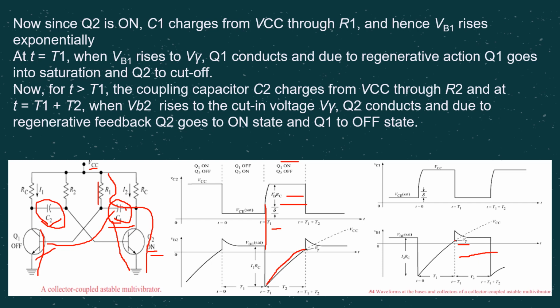So the coupling capacitor C2 charges from VCC through R2 and the on transistor, and at t equivalent to T1 plus T2, when VB2 reaches the cut-in voltage V gamma, Q2 again starts conducting, and due to regenerative feedback, Q2 goes to on state.